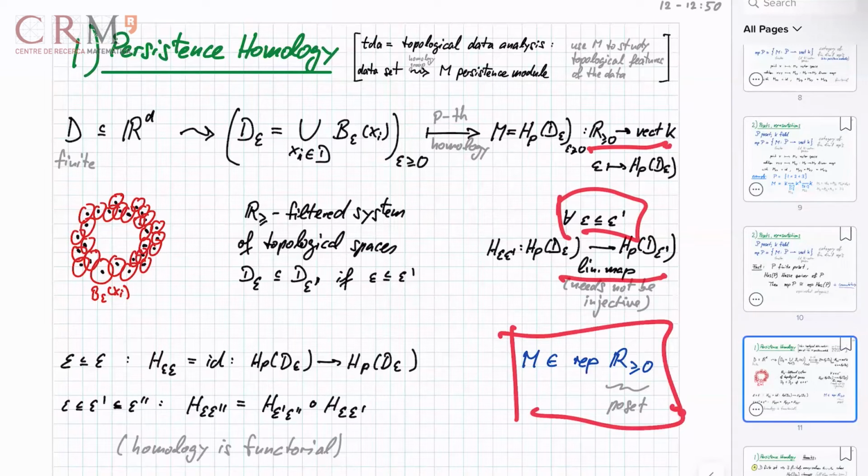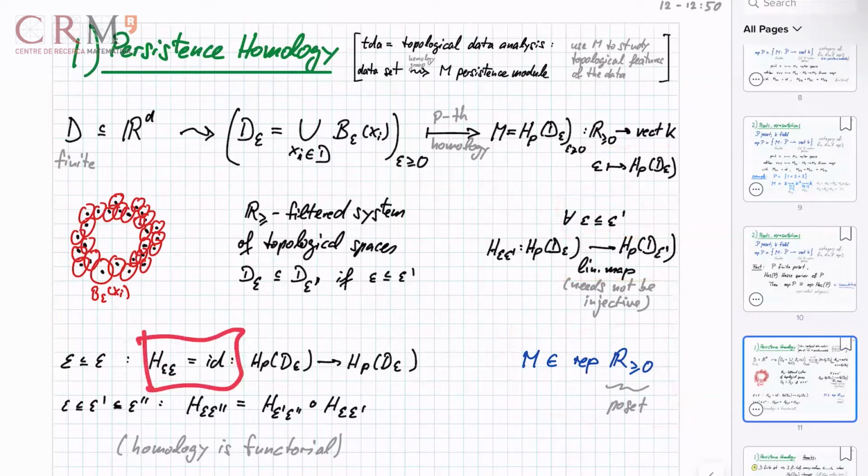Also, notice what I didn't tell you: homology preserves identities. If epsilon and epsilon prime are equal, then the homology linear map will be the identity map, and homology is functorial: when I have three different epsilon values and I compose the corresponding two maps, I get the third map.